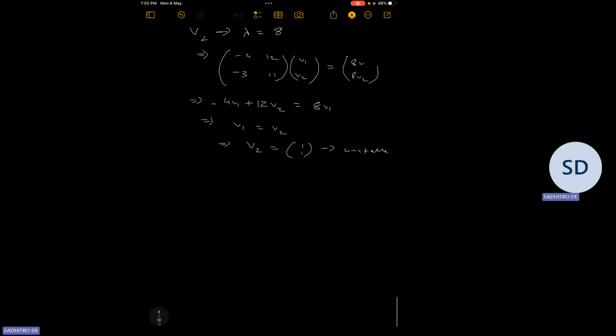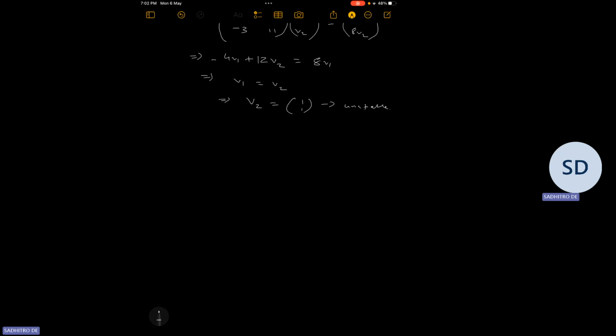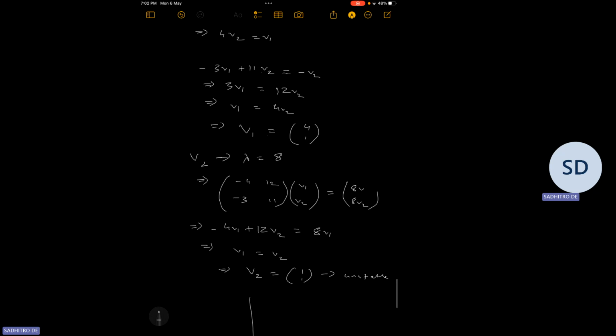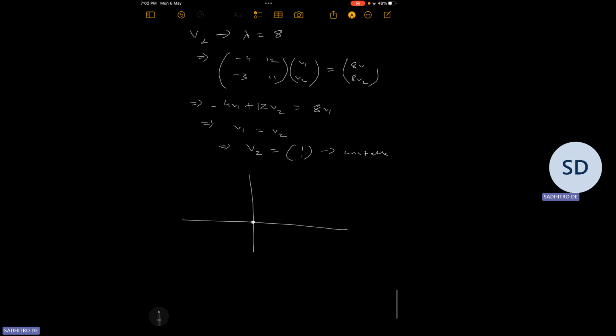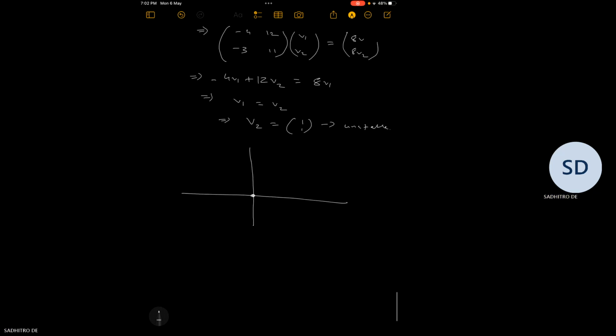So let us try to draw the phase portrait now. We cannot be sure that we'll be able to draw the entire one, but this we can try. So the origin is the stable node, as we saw, and the saddle points are present at plus and minus 2.